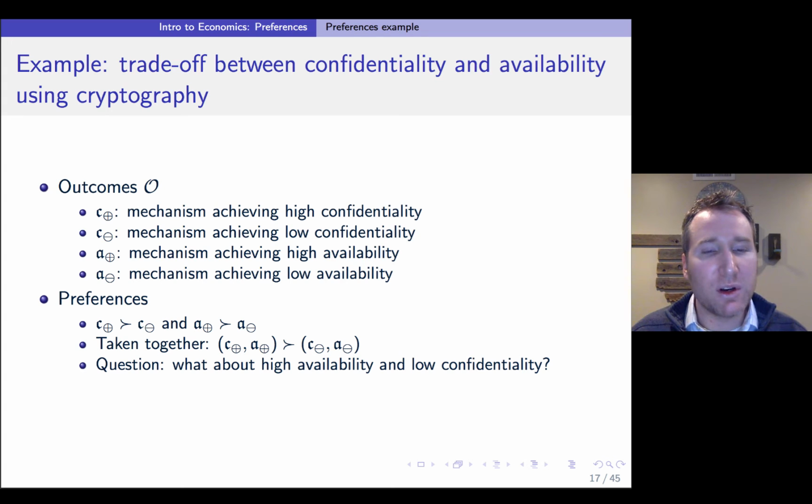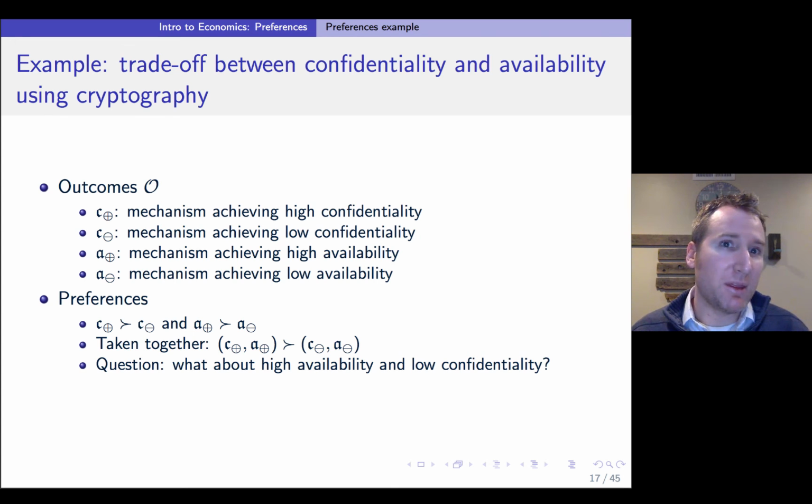And we can start to articulate our preferences once we've set out those outcomes. Clearly, we prefer high confidentiality to low confidentiality, and high availability to low availability. And you can put these together in a tuple by saying that if you have both high confidentiality and availability, you prefer that to both low confidentiality and low availability.